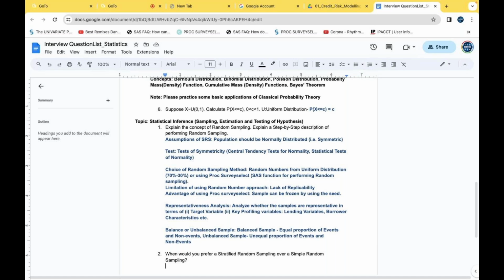So, for example, consider the product type distribution for credit cards.